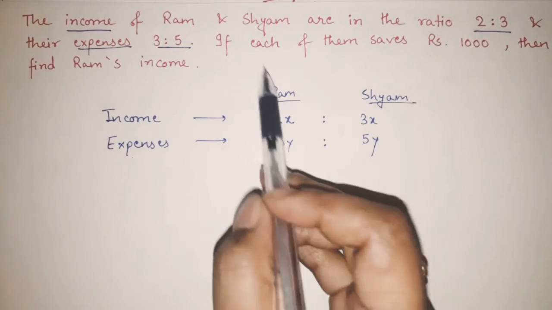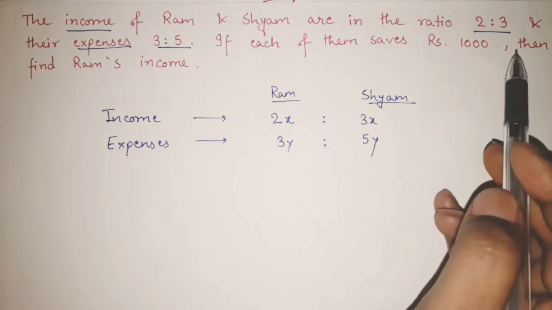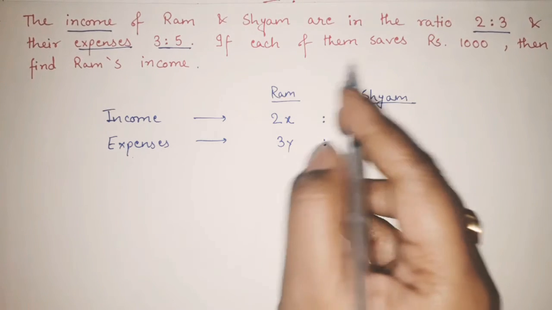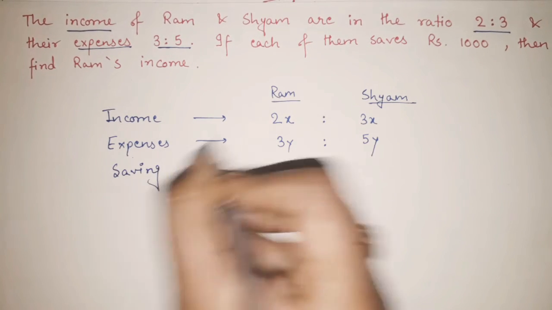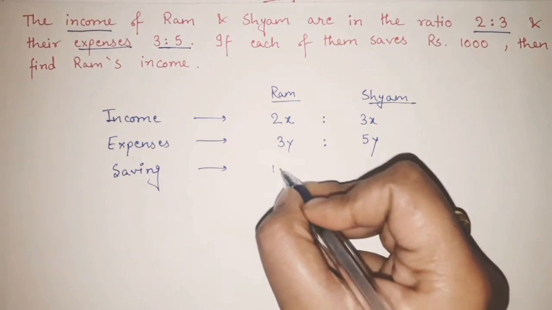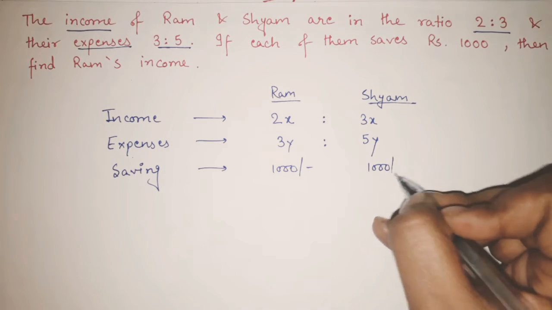Now what they are saying, if each of them saves rupees 1000, then find Ram's income. So savings, they have told that if each of them saves rupees 1000, so saving of Ram is also 1000 rupees and saving of Shyam is also 1000 rupees.